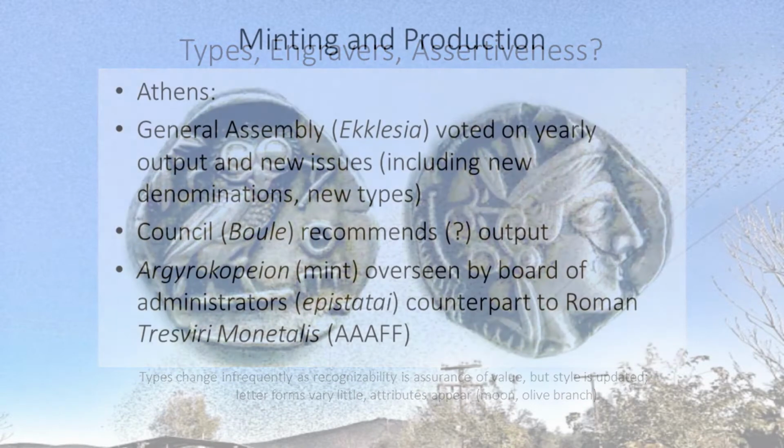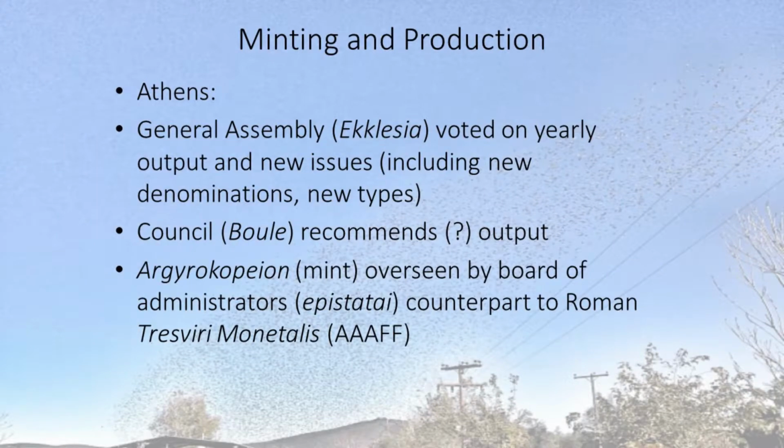In Athens, the assembly or ecclesia had final authority for financial matters in the city. And as in most cases, they would have approved recommendations coming from the city council or the boule. The boule had the authority to organize the transfer of funds between accounts and various treasuries within the city, and would have made proposals regarding new taxes and changes in coin production.